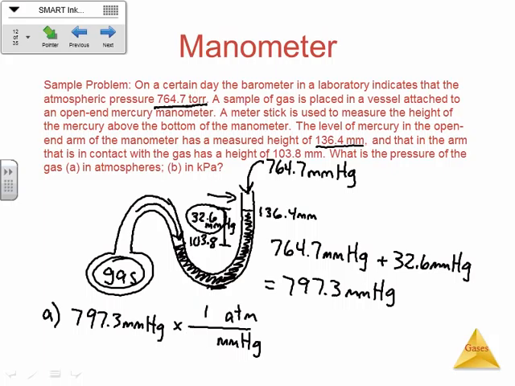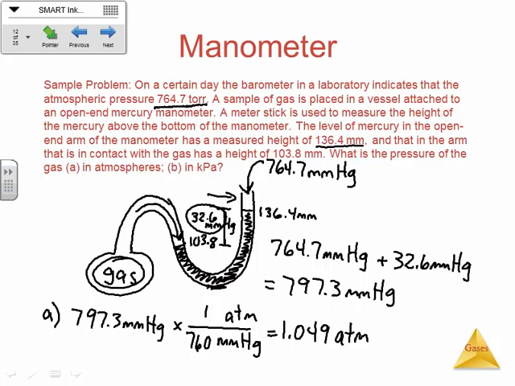I believe it's 760 millimeters of mercury in 1 atmosphere. So 797.3 divided by 760. We need 4 sig figs in this one, it looks like, so 1.049 atmospheres. Okay, so that's the answer for A, 1.049.